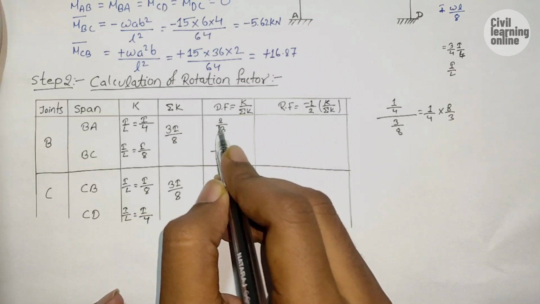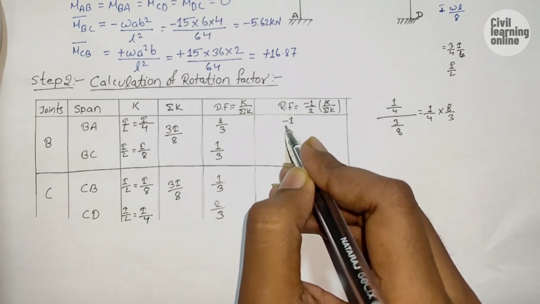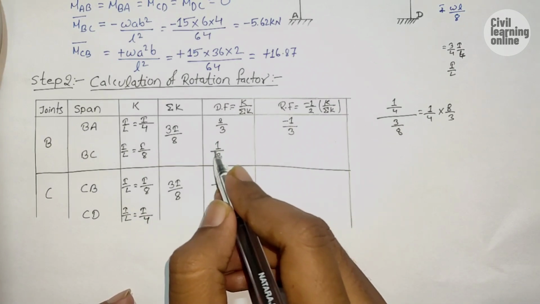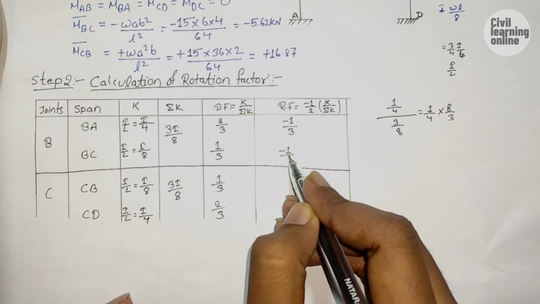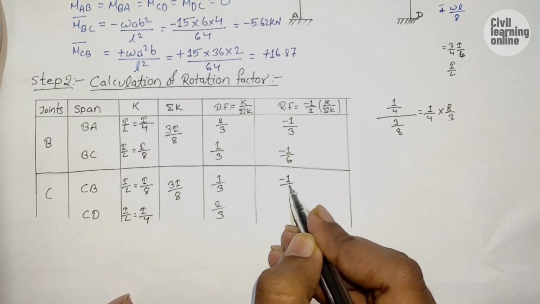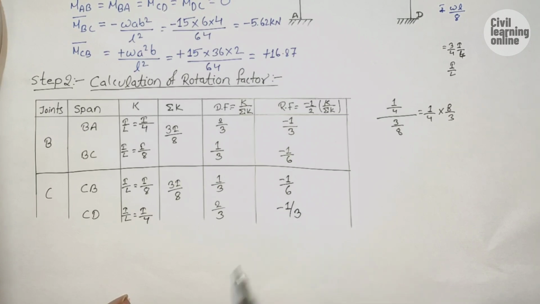Multiplying 2 by 3 by minus 1 by 2, we get minus 1 by 3. Similarly, 1 by 3 times minus 1 by 2 gives minus 1 by 6. Similarly, here also minus 1 by 6 and minus 1 by 3.